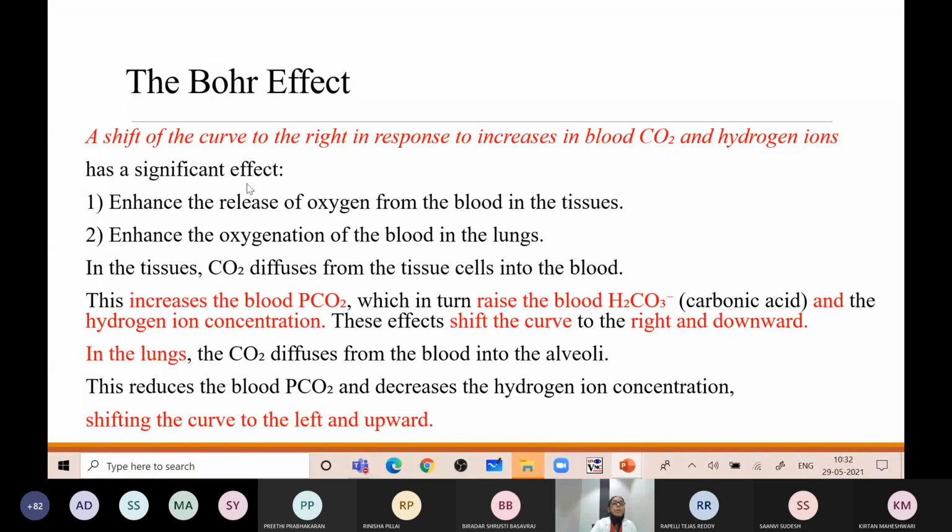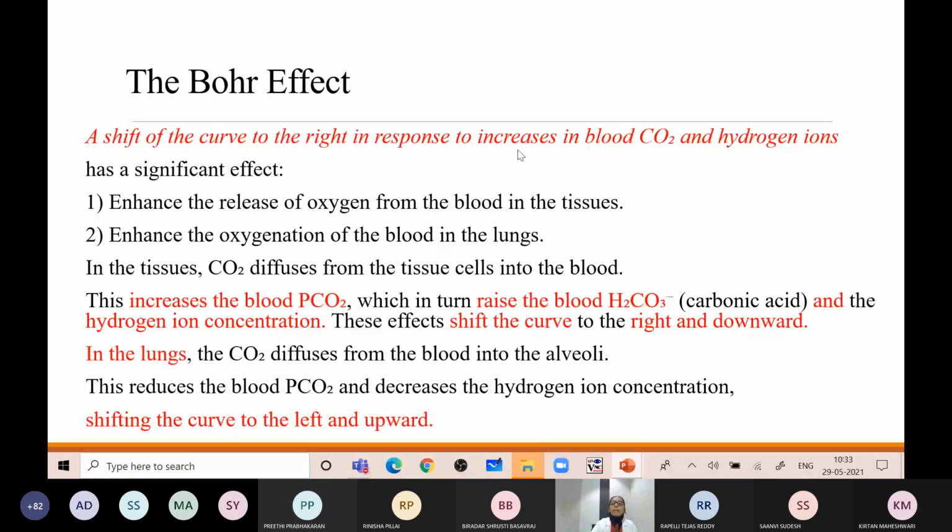It has a significant effect, enhances the release of oxygen from the blood in the tissue. So it causes the release of oxygen from the blood and enhances the oxygenation of blood in the lungs. So this causes oxygenation to increase in the lungs, and it facilitates release of oxygen at tissue level.